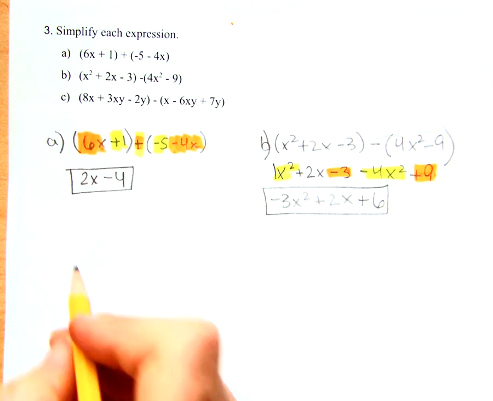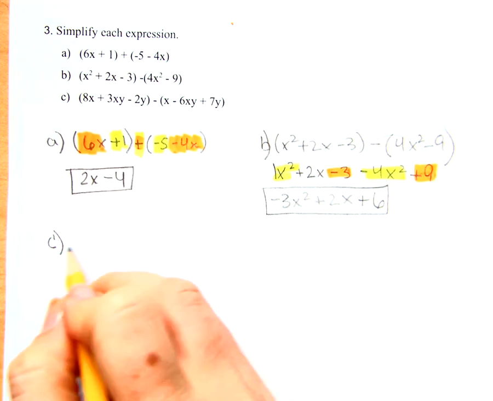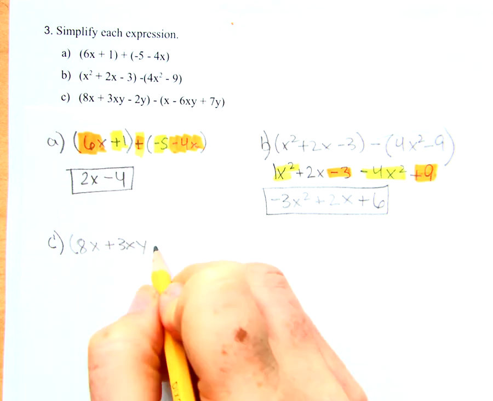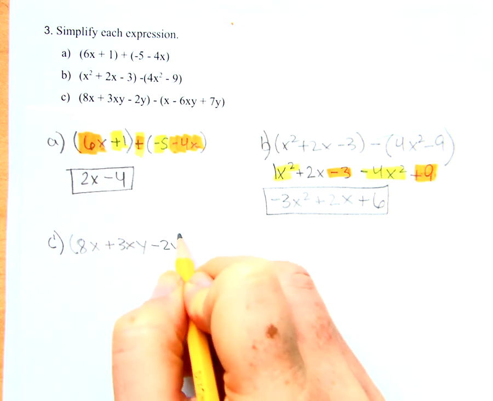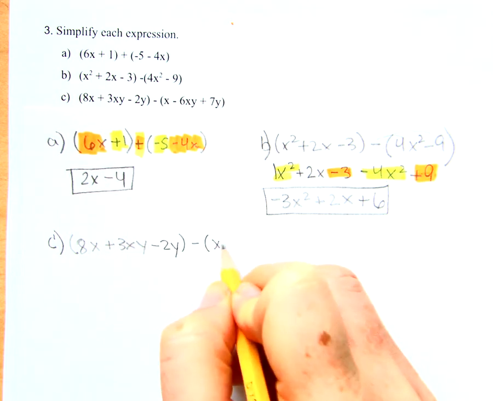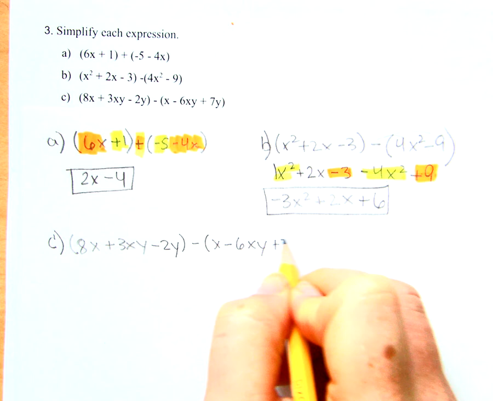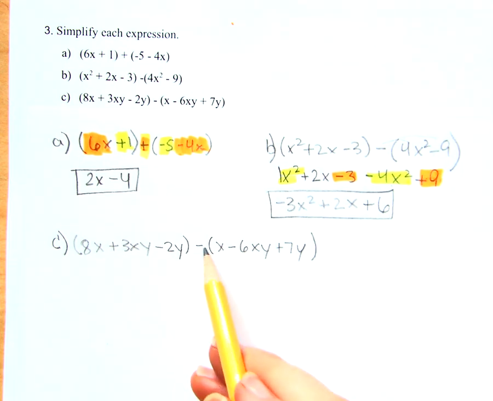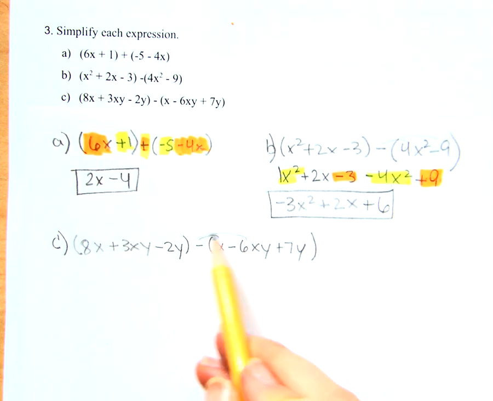Okay, C is going to work a lot like B. So we have 8x plus 3xy minus 2y minus x minus 6xy plus 7y. Okay, and again, I've got a minus sign in front of the parentheses, which means I have to subtract all three.